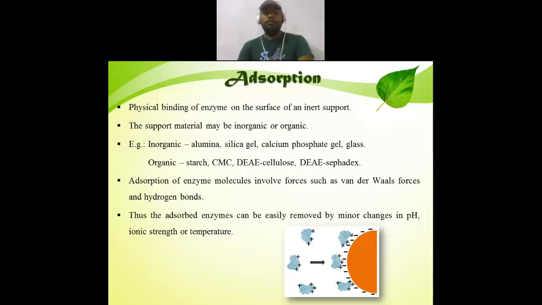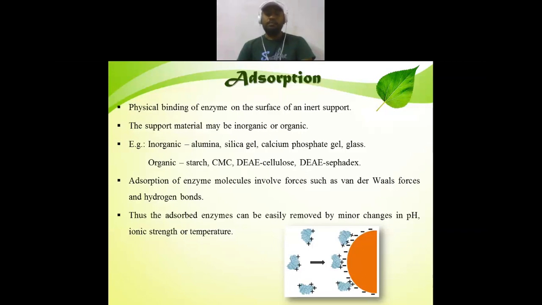If you are going to use organic substances, starch, CLC, DEAE-cellulose or similar materials are perfect examples for adsorption. Now, the adsorption of the enzyme molecule involves forces such as van der Waals forces and hydrogen bonds, which can adsorb the enzyme on that inert surface or inert support.